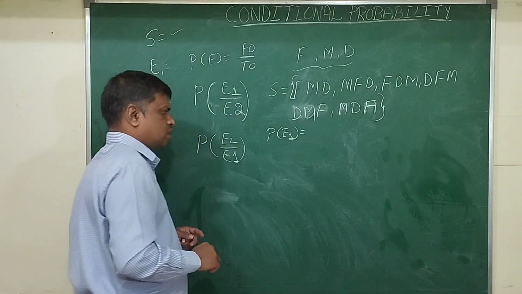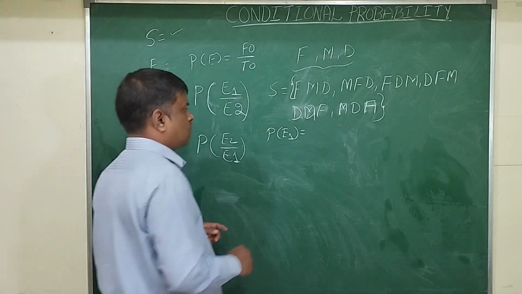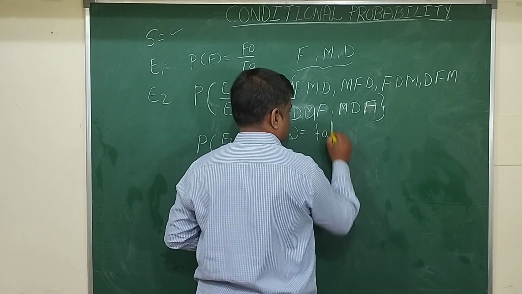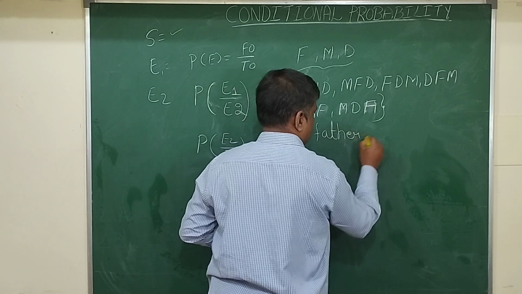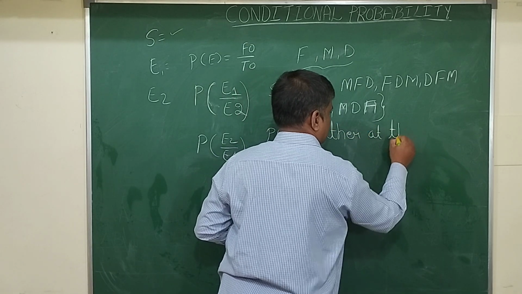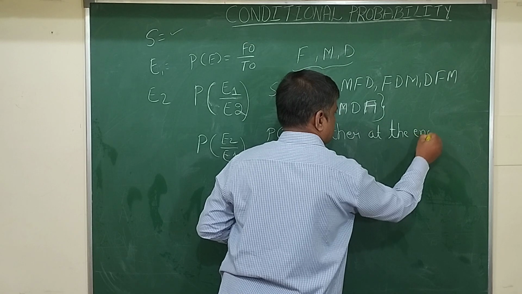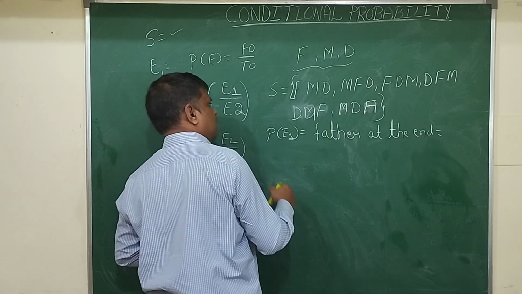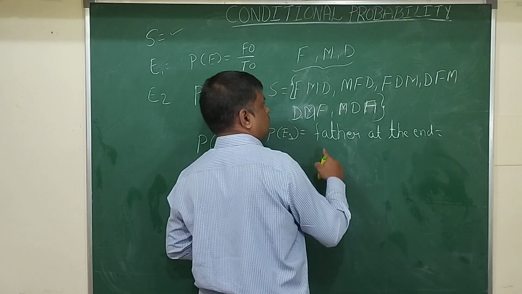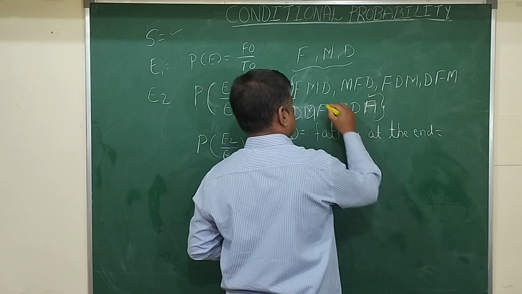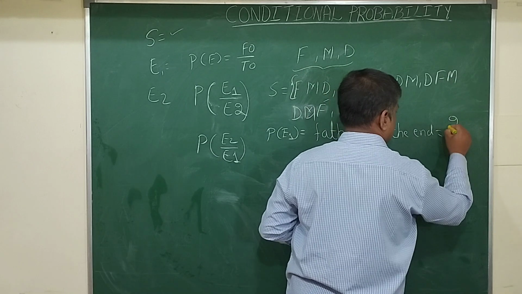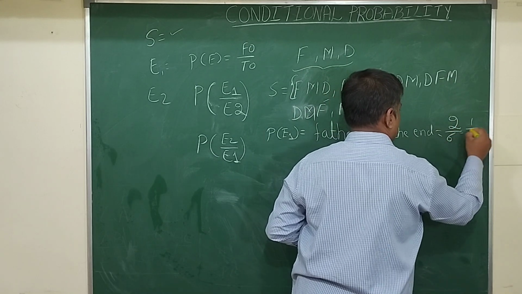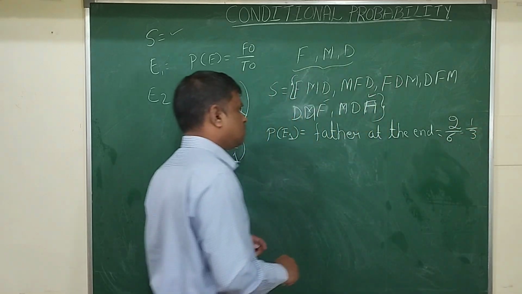So I need the probability of event E1. E1 is such that I need father at the end. With respect to the sample space, what is the probability of E1, father at the end? Here also, here also. So it becomes 2 by 6 equals 1 by 3.